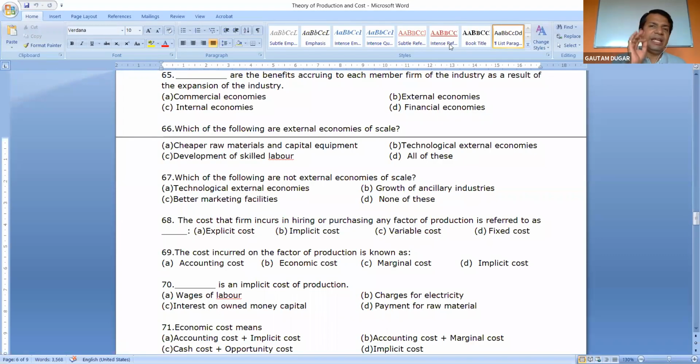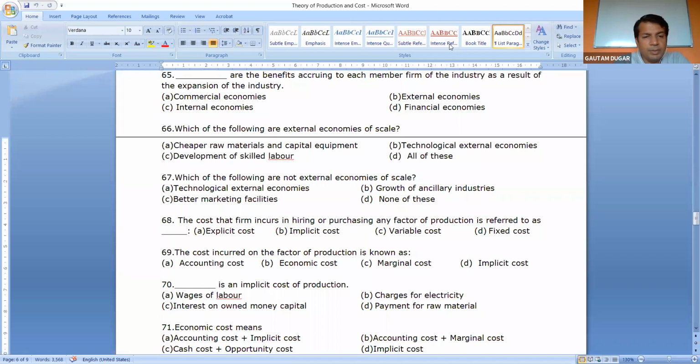So in case implicit costs are present, and they will always be there, we always remember the economic profit, the profit as per economics, would always be lower than the profit as per accounts. Because in accounts, we don't take into account the implicit costs.